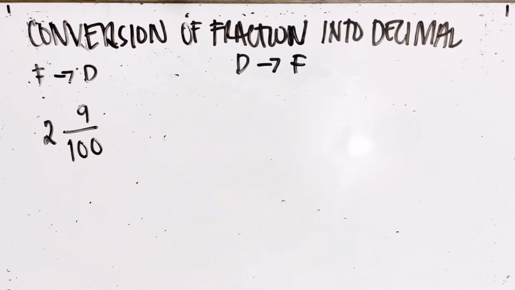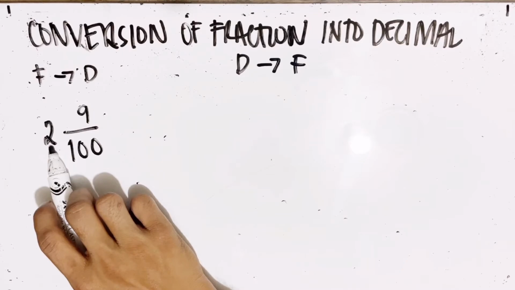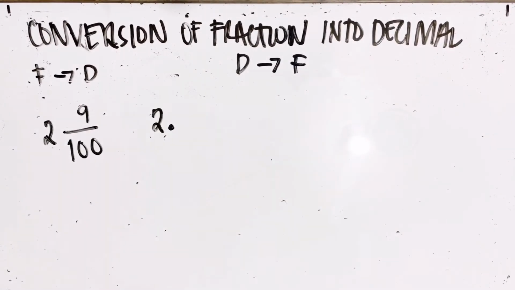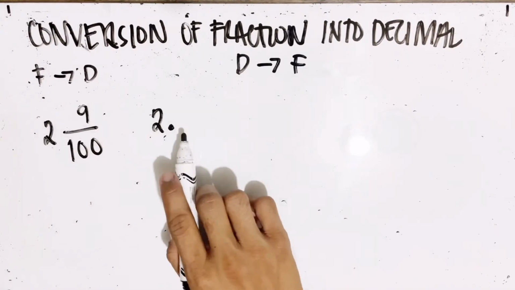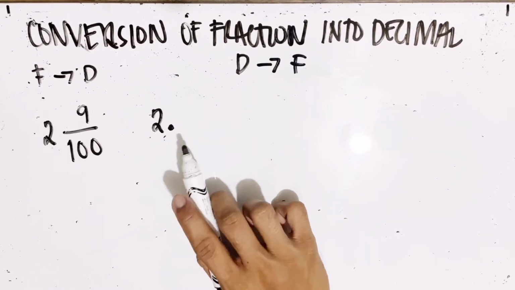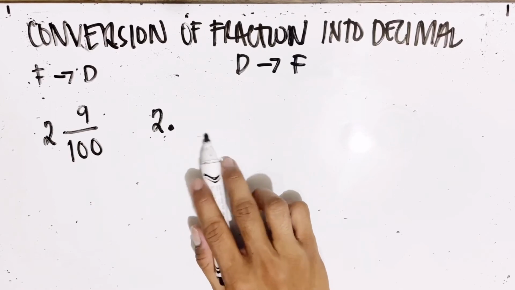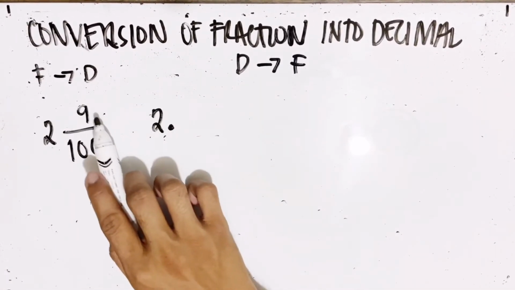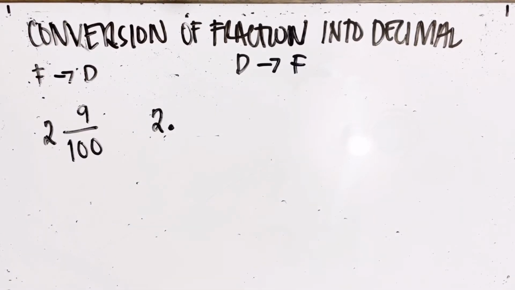So let's try to convert this one into a decimal. First, 2 is a whole number. So it means we will have 2 point and a decimal part. Our decimal part here comes from this fraction, which is 9/100.